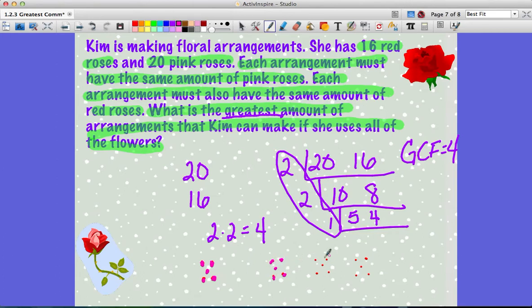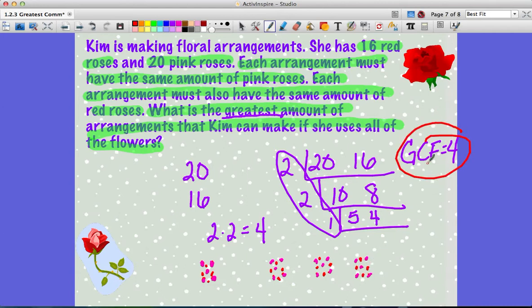So I will have 5 pink roses in each group. And that allowed me to use all of the 20 roses. And now, if I divide 16 by 4, that tells me that each group will have 4 red roses. And then I will have used all of my pink roses and all of my red roses.